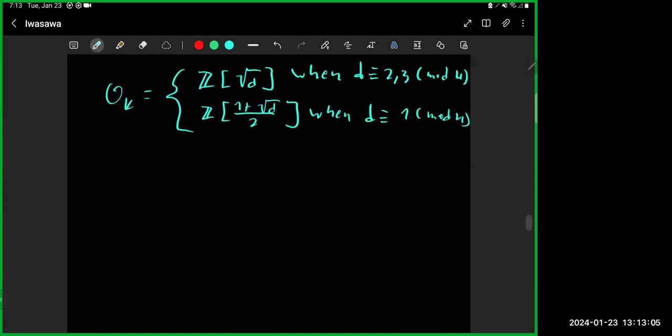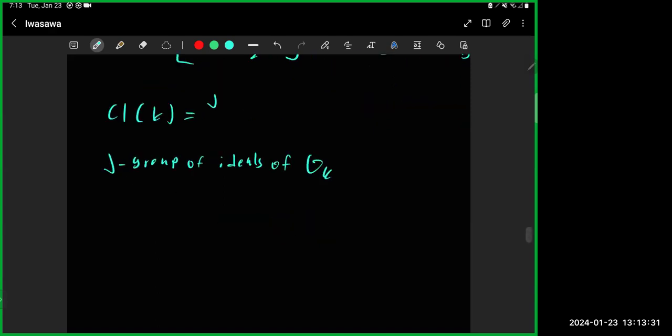So the first thing we do is define what is known as the class group of K, or of O of K, essentially. You can show that all the ideals in O of K, which we'll call J, form a group under ideal multiplication.